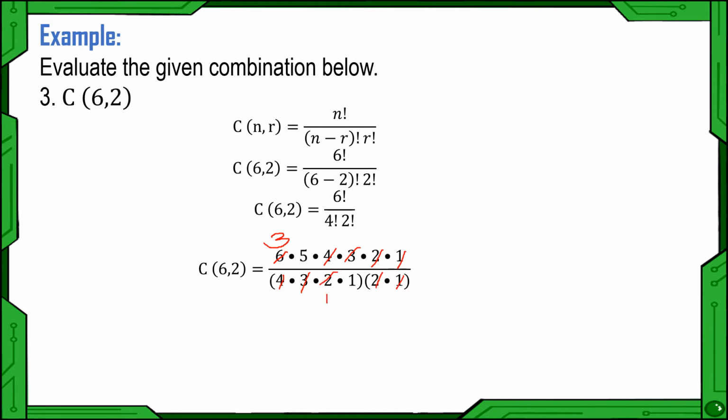So the only numbers left from our numerator are 3 and 5. 5 times 3. And in our denominator, we only have 1, so we do not write it if the denominator is 1. So 5 times 3, 15. Very good.